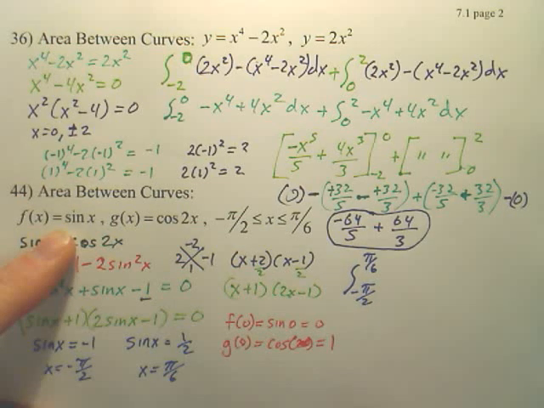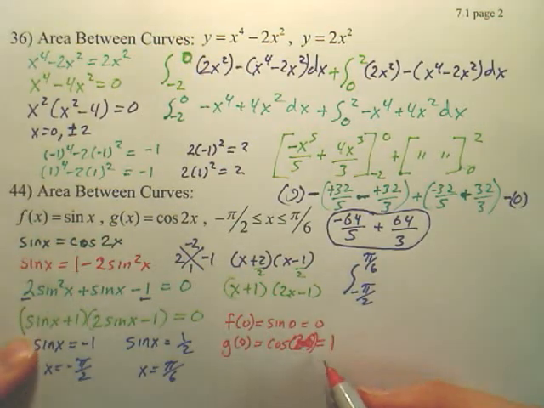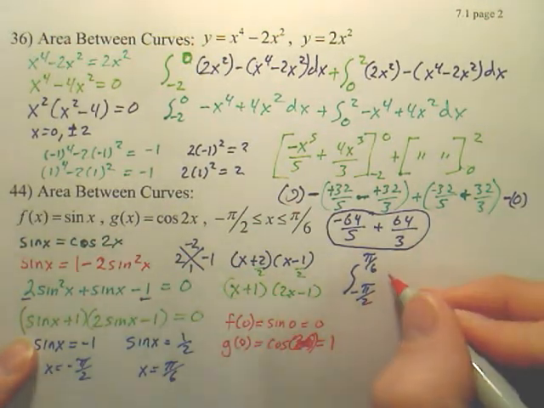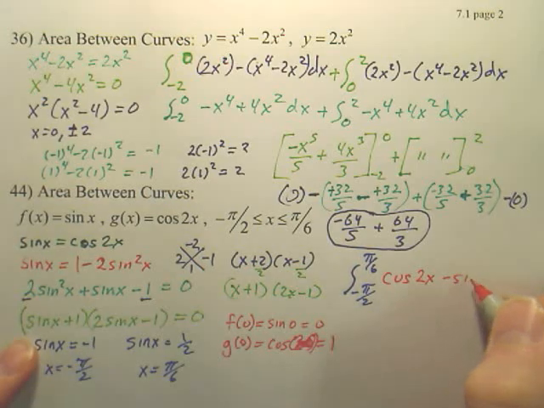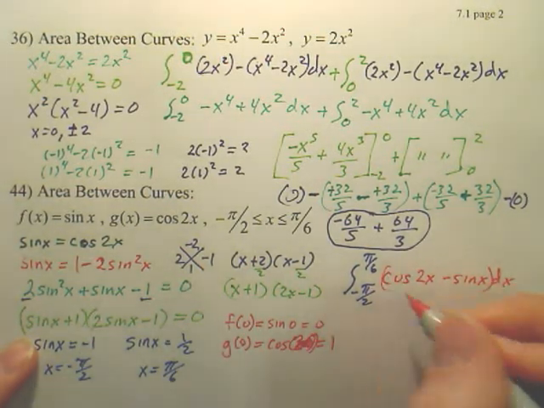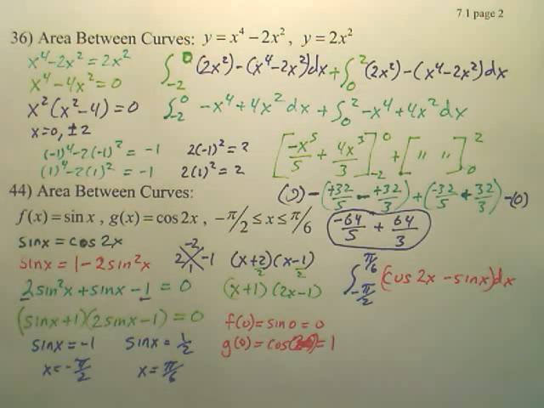So which one's bigger? This would be 1. So this is always going to be bigger. So this is going to be cosine 2x minus sine x dx. So this one's going to be the top one, and this one's going to be the bottom one in the interval.